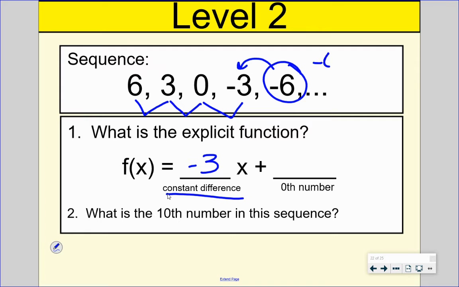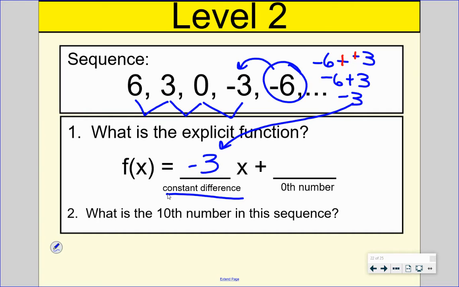So we're going to have -6, subtract -3. Subtracting a negative, remember, is the same as adding the opposite. So that would be adding 3, which will give us -3. So our constant difference is -3.